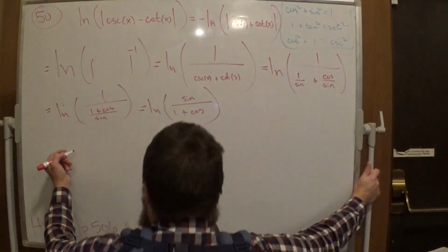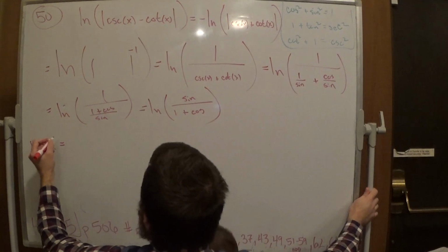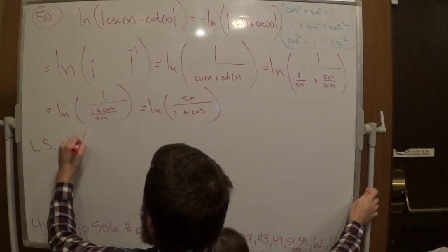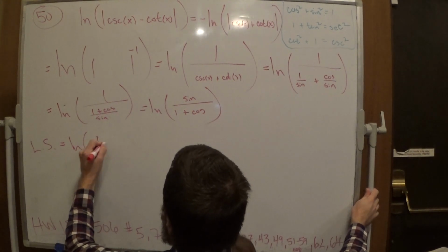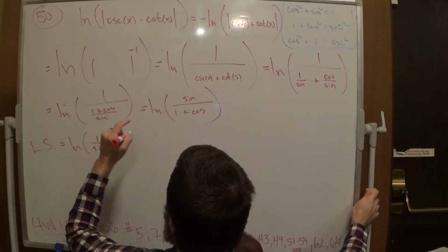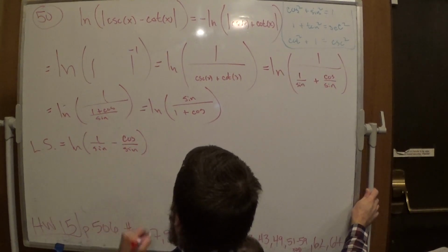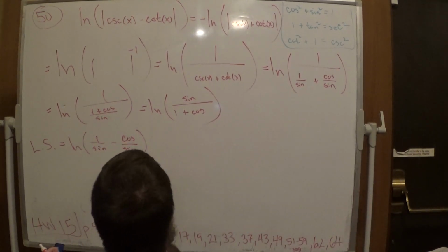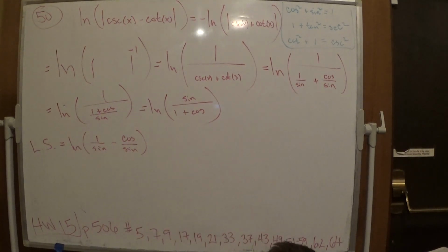So this, the left-hand side, is equal to natural log of, forgetting absolute value for now, 1 over sine minus cosine over sine. Yes, but 1 minus cosine.